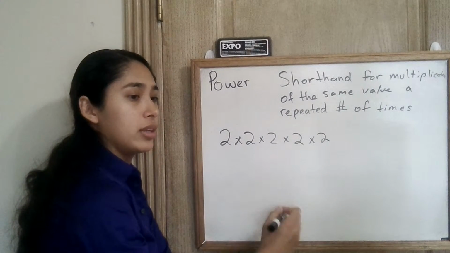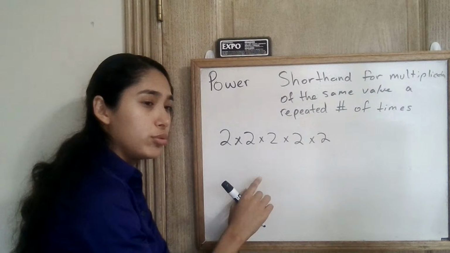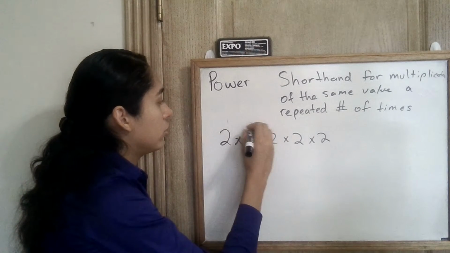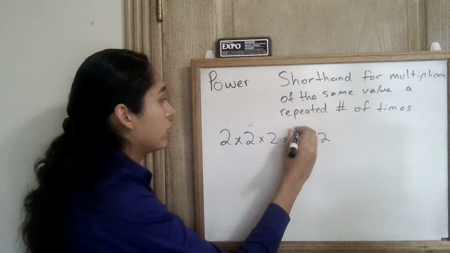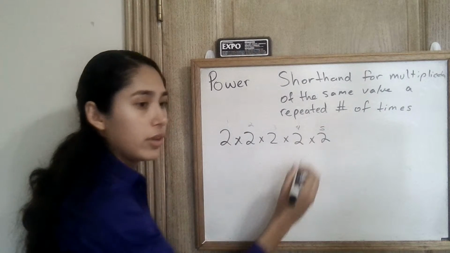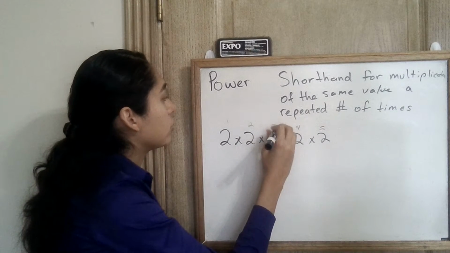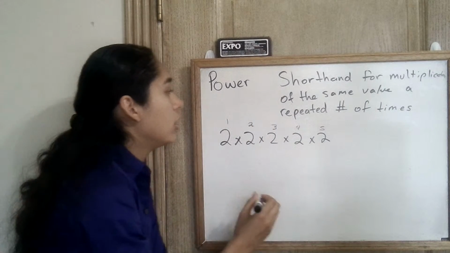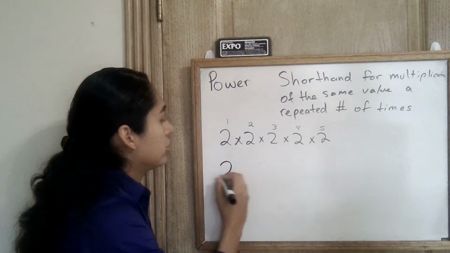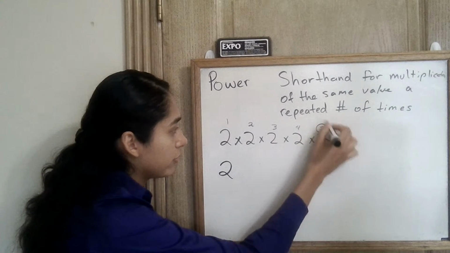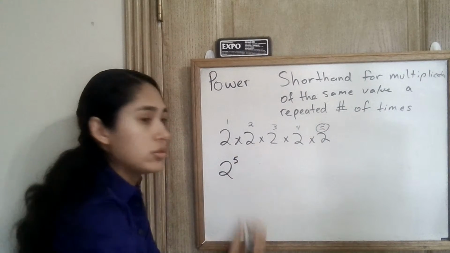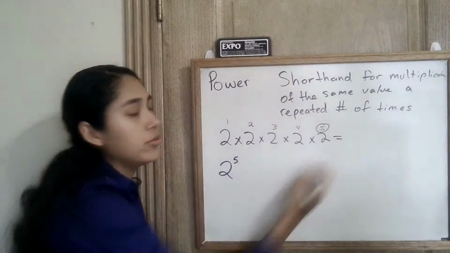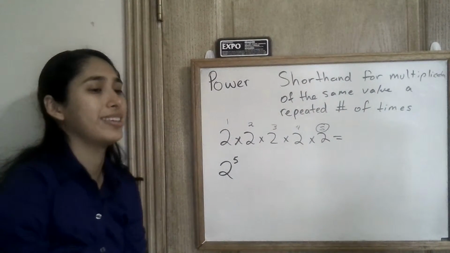We're multiplying 2 by 2 five times. We can just write it like this: the last value is a 5, so 2 to the power of 5. These two equal the same thing.